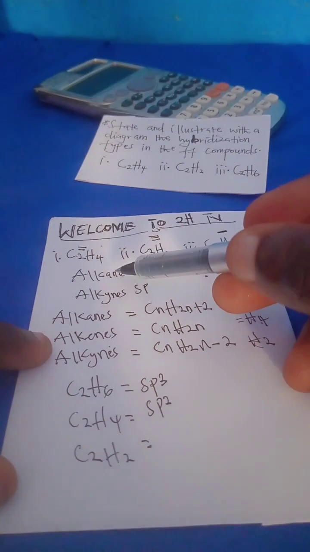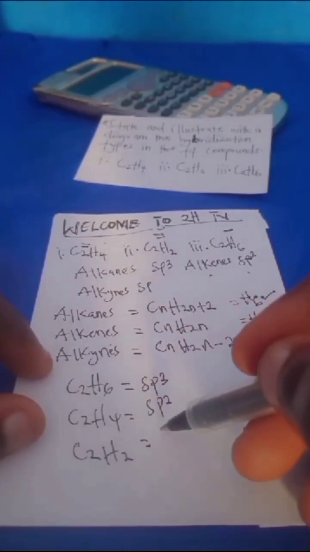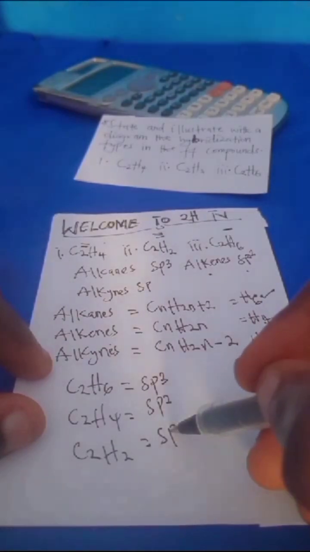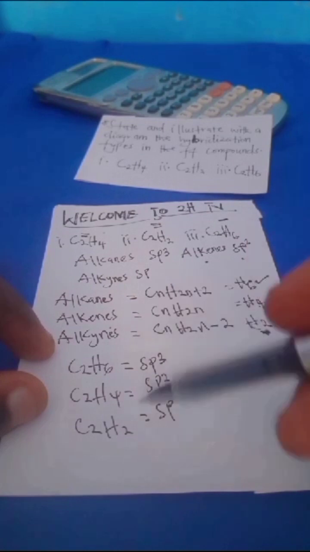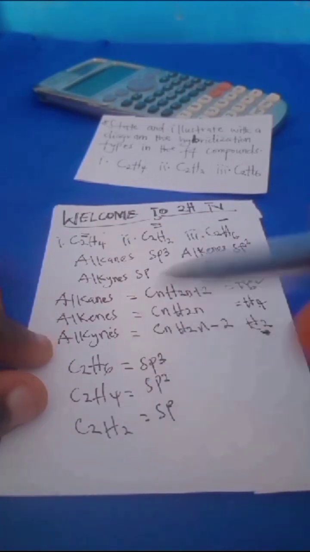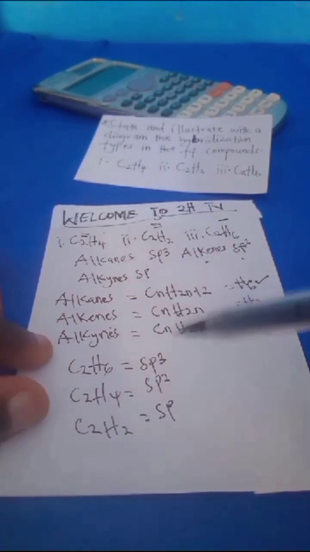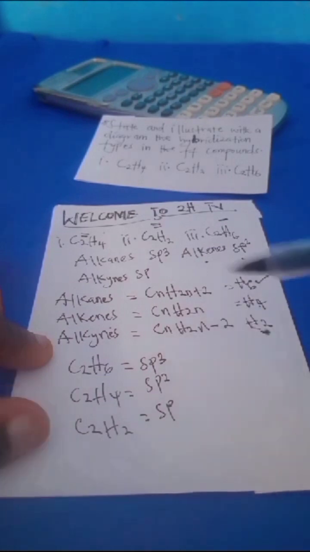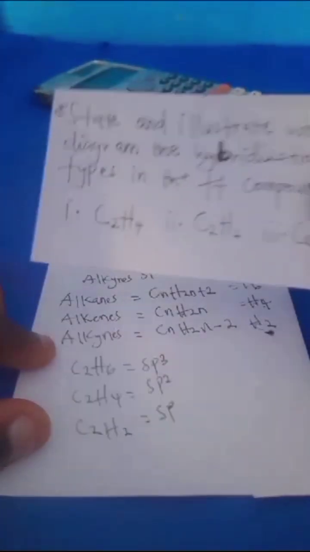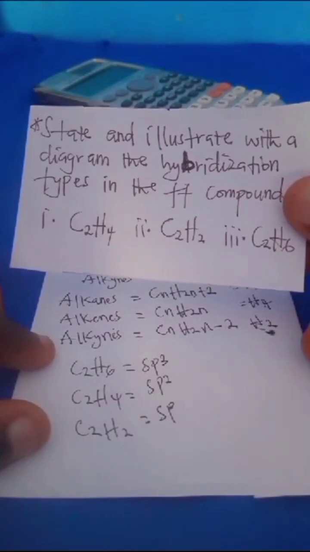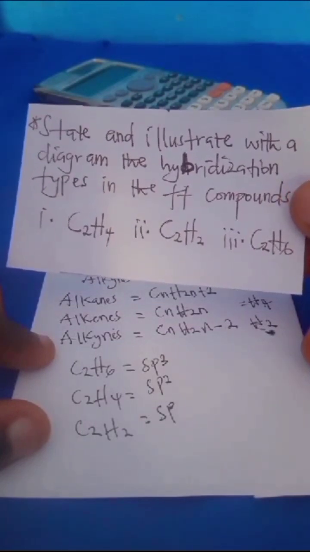Alkynes are sp hybridization, so C2H2 is sp. Take note. So we have answered the first part of the question, which says we should state the hybridization types in the following compounds.